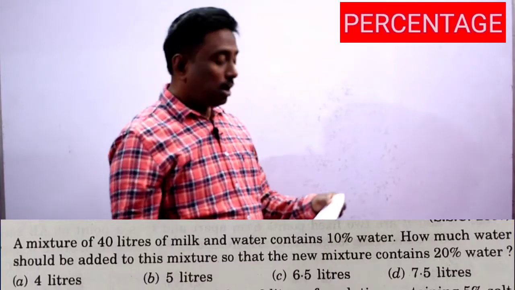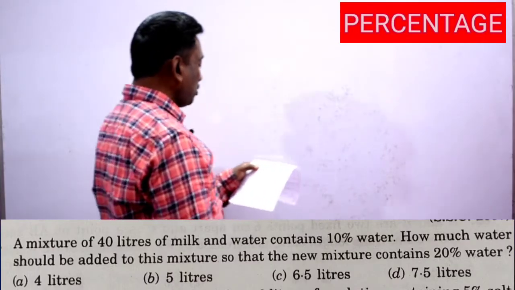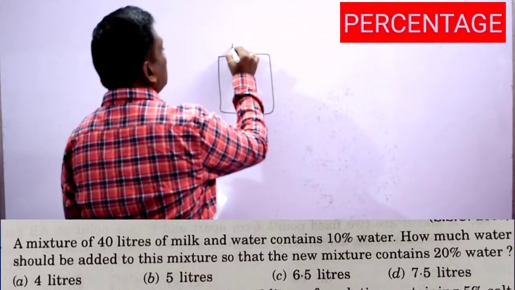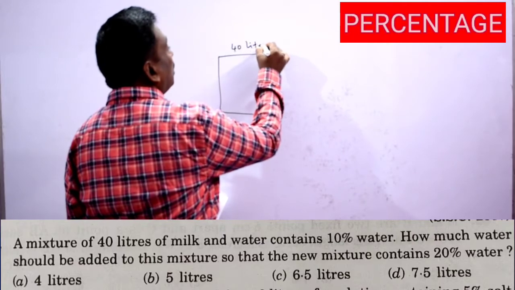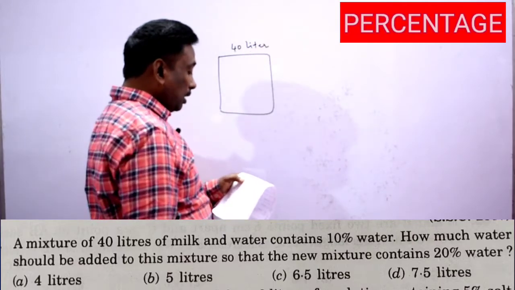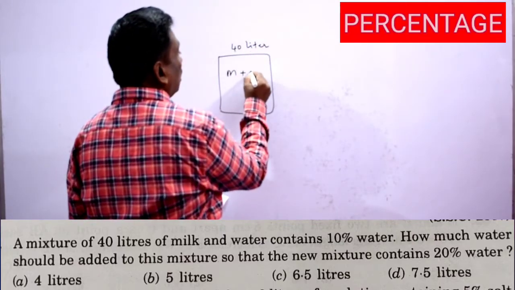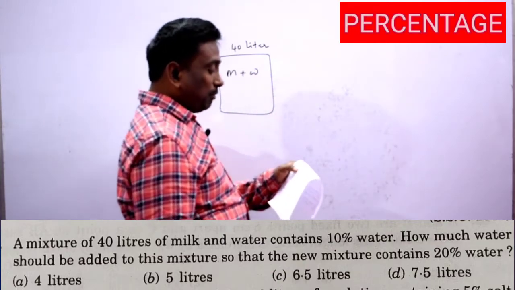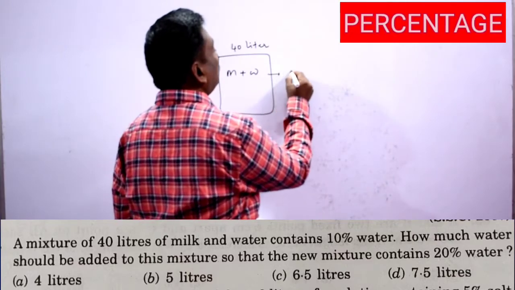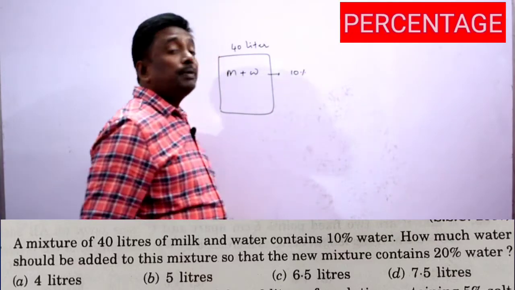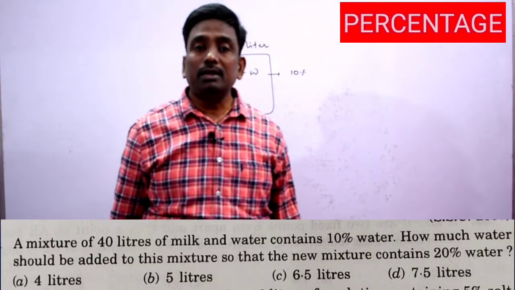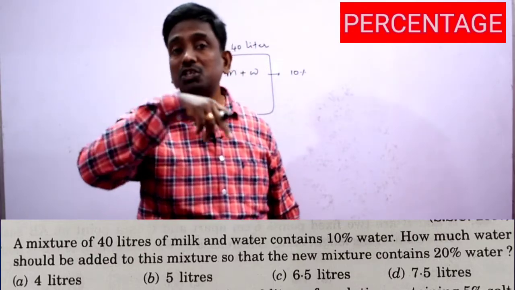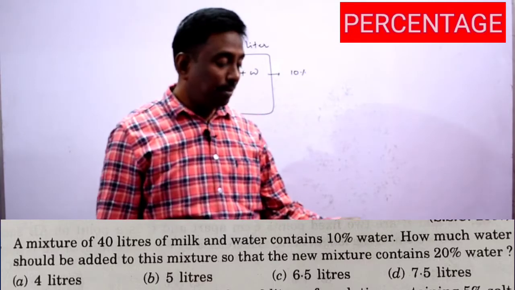A mixture of 40 liters of milk and water. Again, a 40 liters mixture is there. In this mixture we have 10% water. Total 40 liters of milk and water is there, out of which 10% is water.